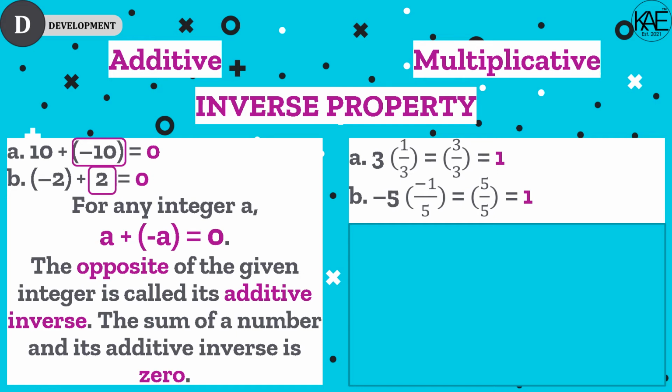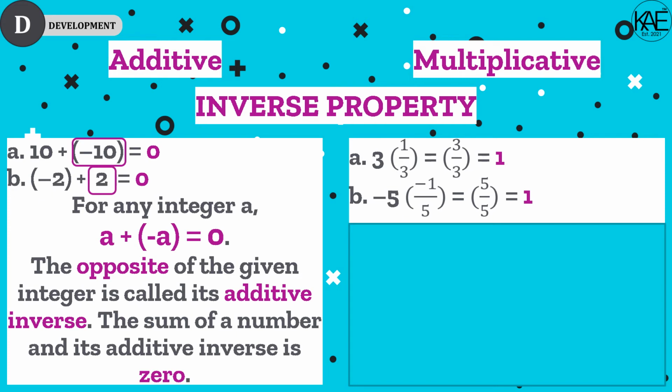Also, we have the multiplicative inverse property. Example, 3 times 1 over 3, or 1/3, is equal to 3 over 3, which equals 1. Negative 5 times negative 1 over 5, or negative 1/5, is equal to 5 over 5, which equals 1.